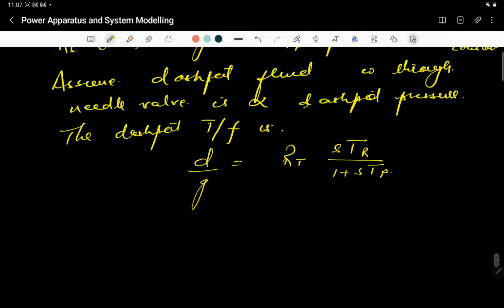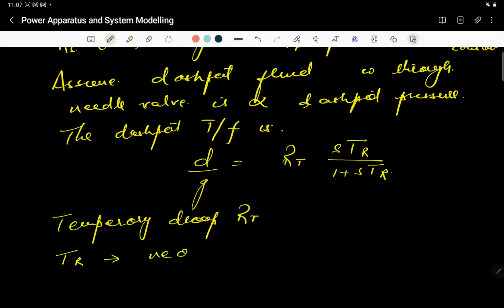Okay, so the temporary droop Rt is determined by the lever ratio, and the reset or washout time Tr, this is not TP, this is Tr, is determined by the needle valve setting.